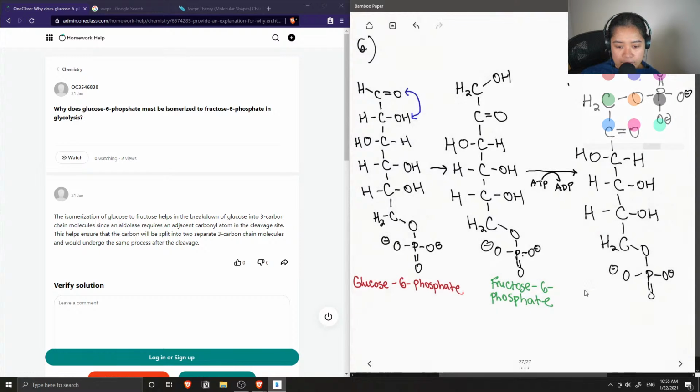And the name of this molecule is fructose 1,6-bisphosphate.